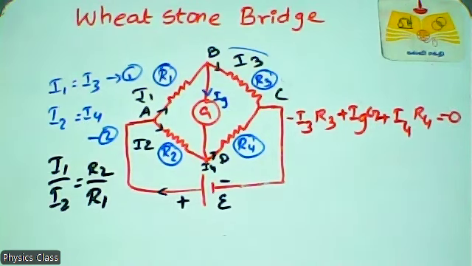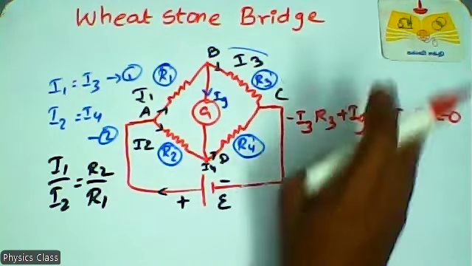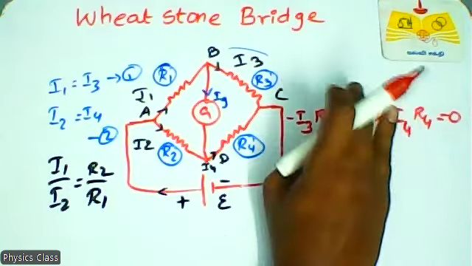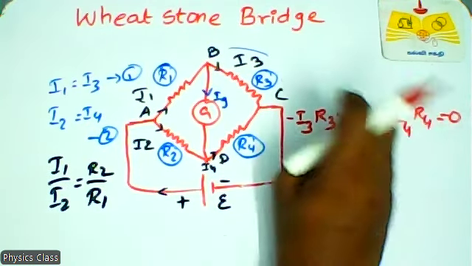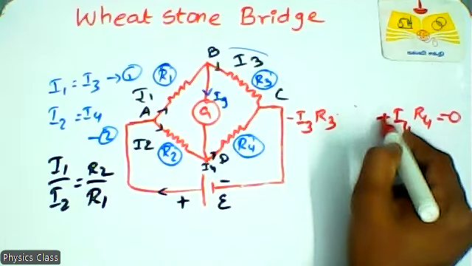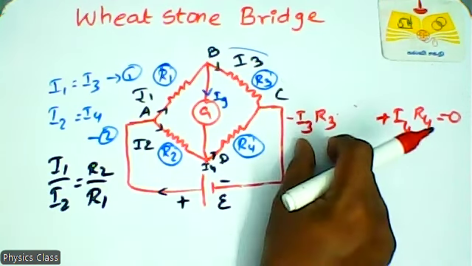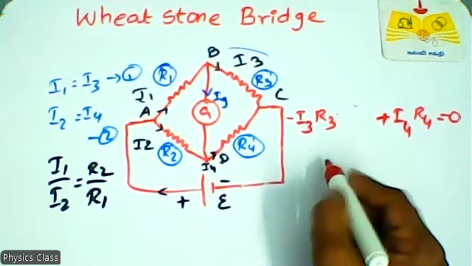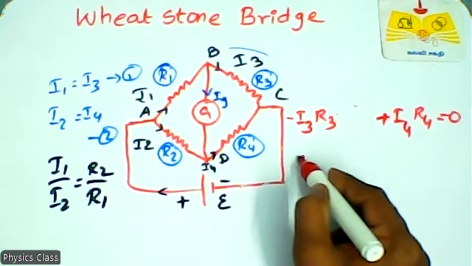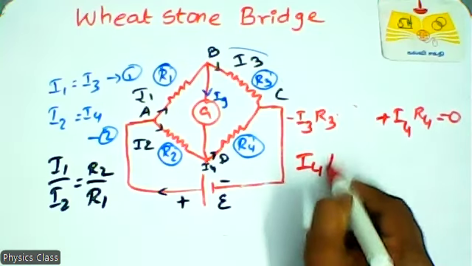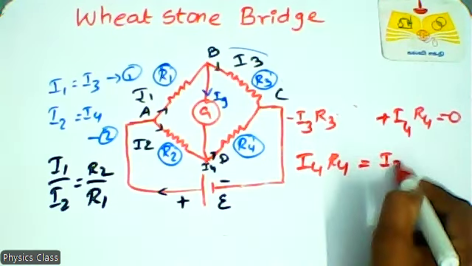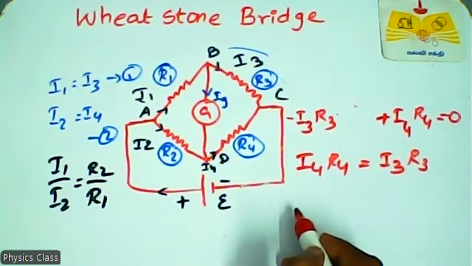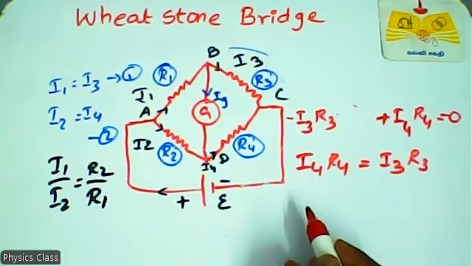We can neglect the IG term because IG is equal to 0. So only these two terms remain: I4 R4 equal to I3 R3. Clear?